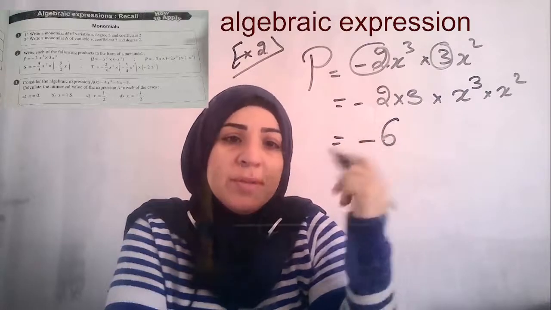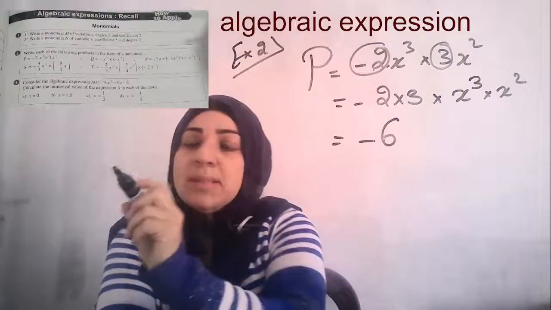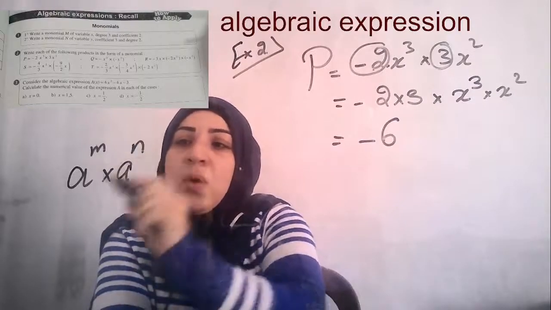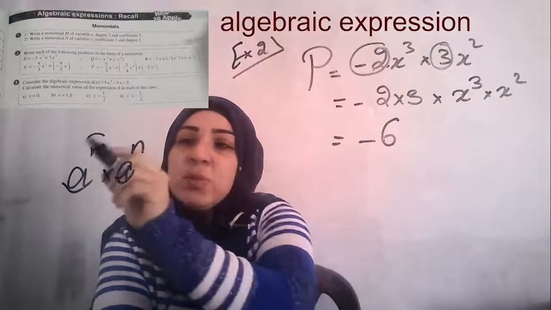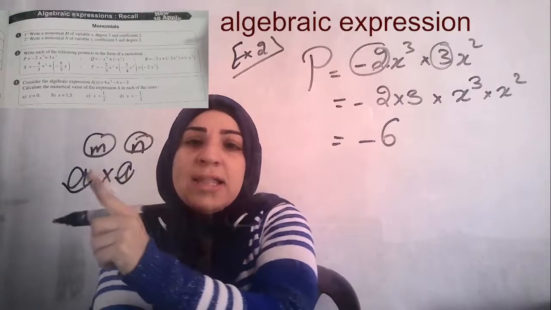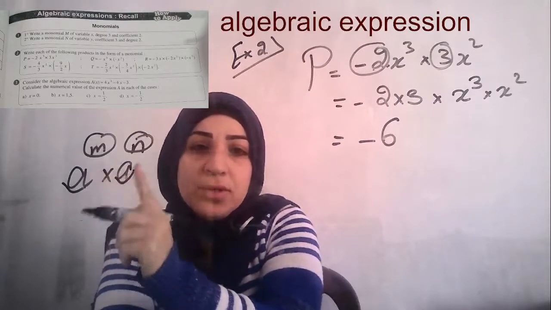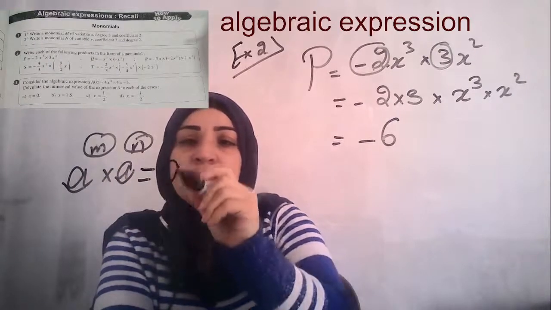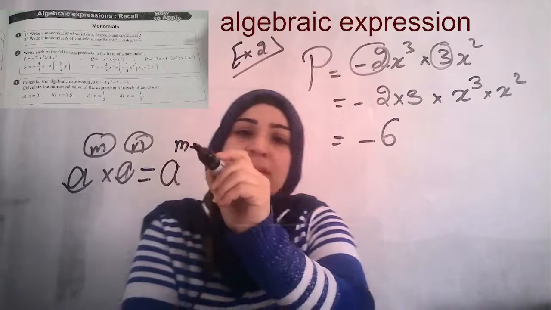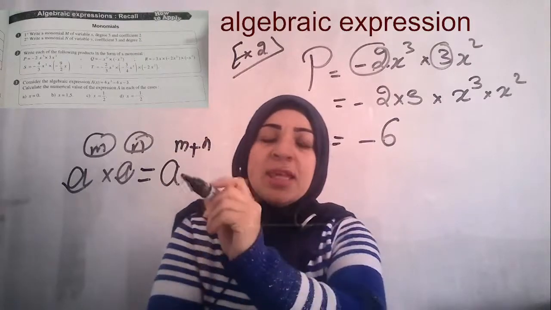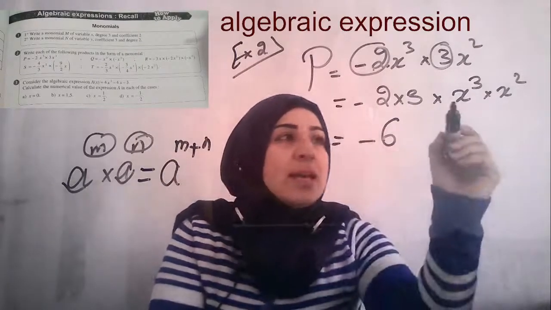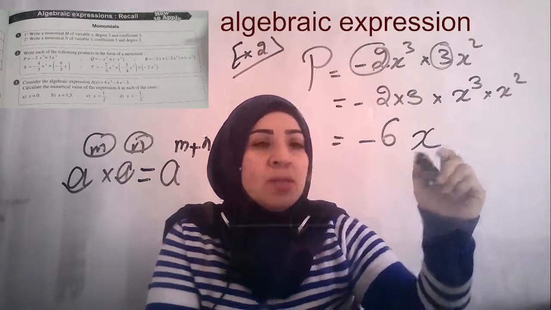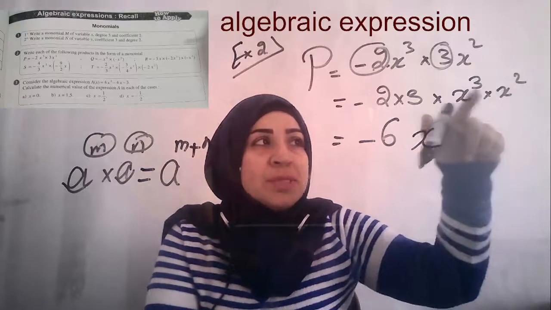We know from the previous lessons that when we multiply a power m by a power n, when we have the same base but with different exponent, and these bases are multiplied by each other, okay, again, the same base with different exponents, I have to write the base and add the exponents. Okay, that's the rule. So here, when we say x3 times x2, I have to write it's x power how much? Let's add the powers by each other.